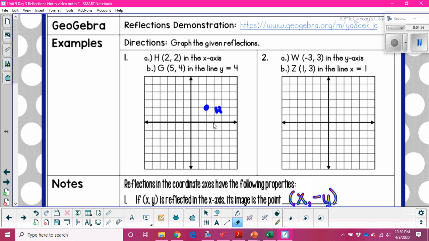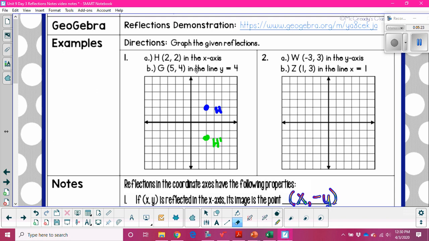So this will be our line of reflection. Remember, our pre-image is going to be the same distance from the line of reflection as our image. So if we're 2 up from the line of reflection here, our image is going to be 2 down from it on the other side. So we have H prime right here.